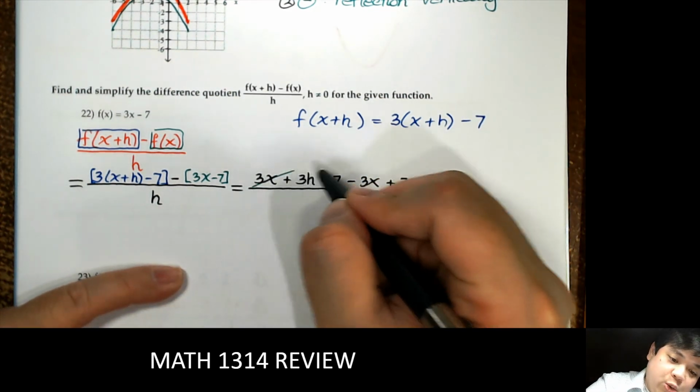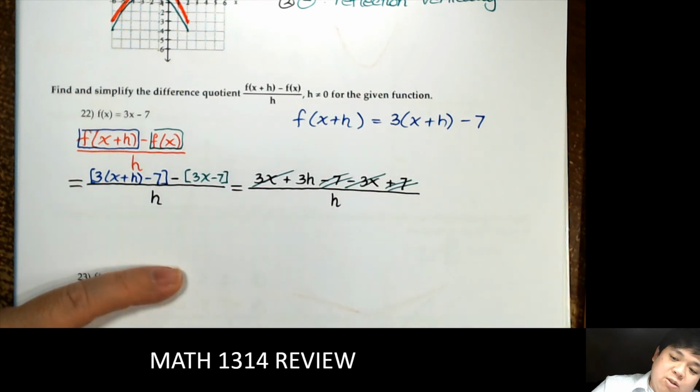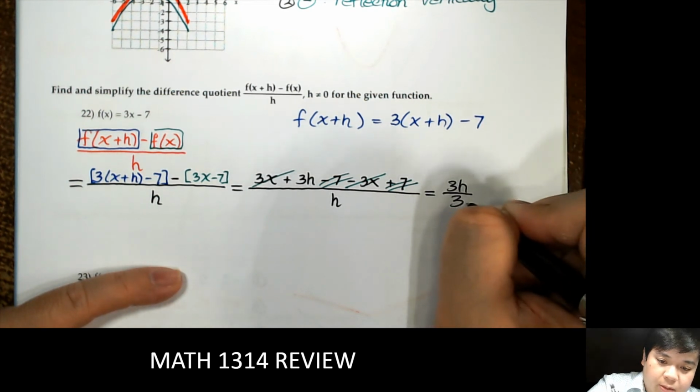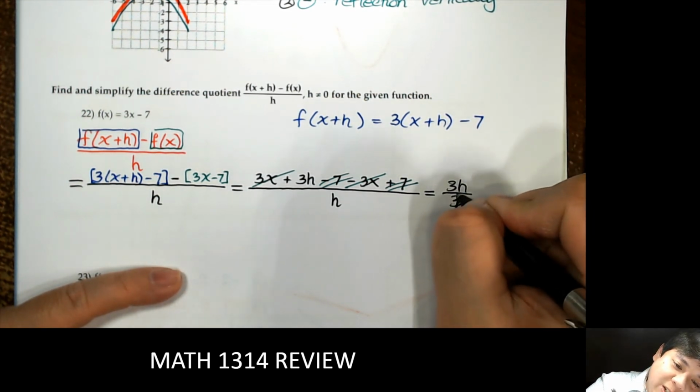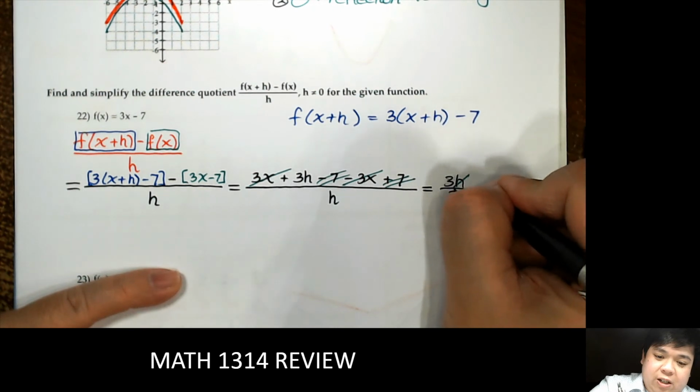We see that the 3x and 3x cancel out, the 7 cancels the 7. We only have 3h over h, where the h cancels out, we're left with 3.